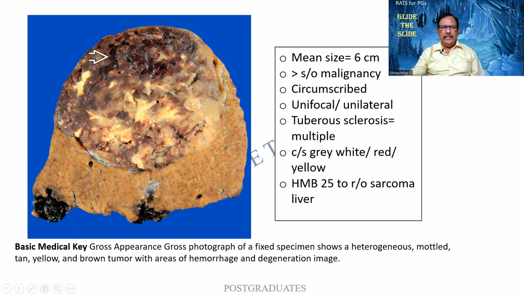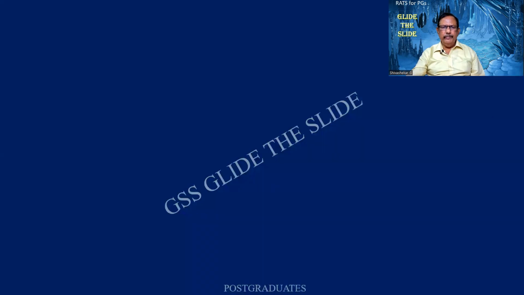But then there are these pale yellowish areas which are making inroads into it, and there are some gray areas also. So angiomyolipoma is the diagnosis. So all this has been covered. HMB45 can be done to rule out a sarcoma of the liver. So Basic Medical Key is the source of this particular picture, thanks to them.